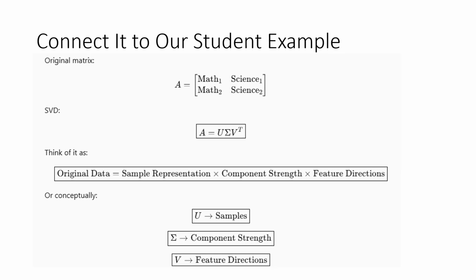When we apply SVD, we decompose this matrix into A equal to U sigma V raised to T. So the original data can be represented as the product of sample representation U, component strength sigma, and feature directions, that is V raised to T. When you multiply all these three together, you will get an approximation of the original data. Maybe the exact values may not be obtained, but values very similar to your original data will be obtained after multiplying all these three components.